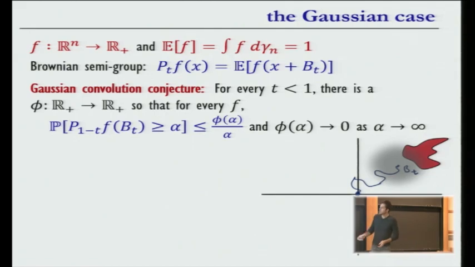So this is the quantity I'm looking at. I run to time t, and then I average over the rest. The point is that if you average all of these densities, you're getting the standard Gaussian density, because this is bt plus b1 minus t, which is b1.